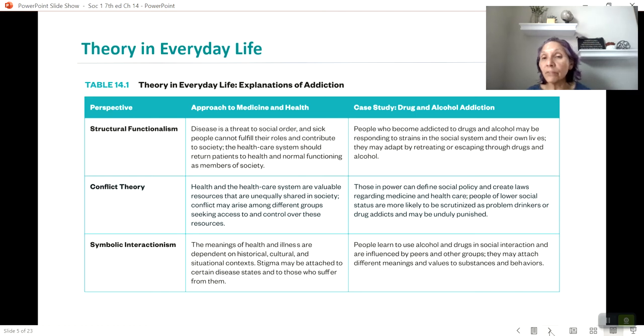So think about the difference between somebody who's an alcoholic or somebody who is an opioid addict. We tend to have far less sympathy for somebody who brought this on themselves than we do for the person who finds out that he or she has cancer or has, I don't know.